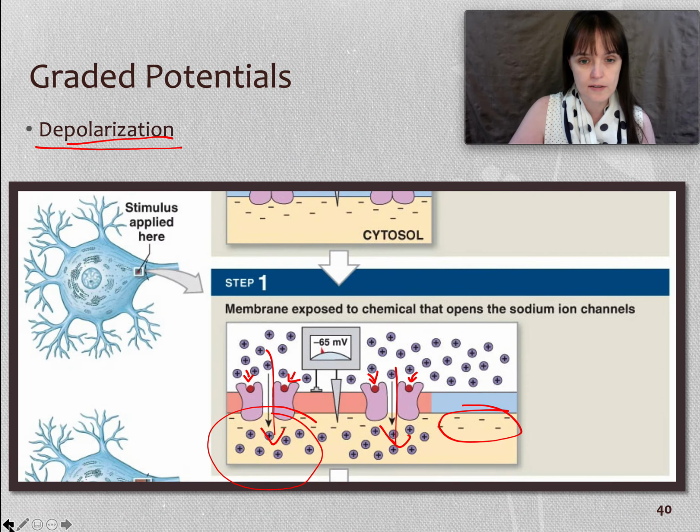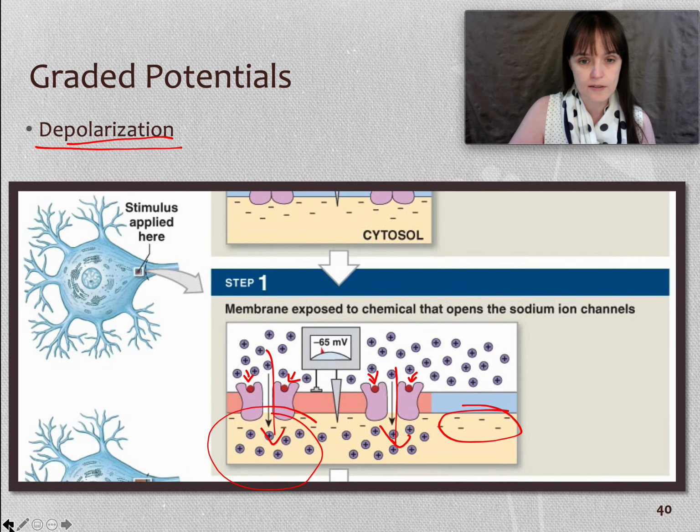You get less negative, you cross 0 here, and then you actually have a credit on your Kohl's card, meaning you can just go buy $30 worth of stuff. It's already paid for. Fun, right? So the sodium ions rush into the cell, making the inside of the cell less negative, which we call depolarization.